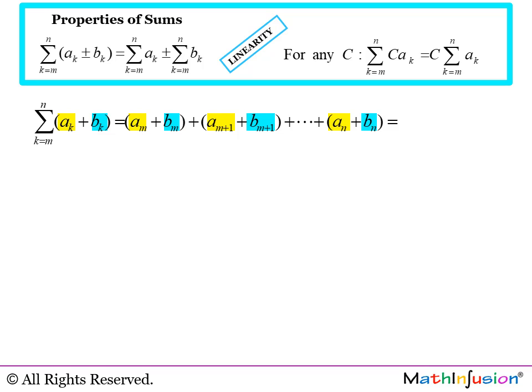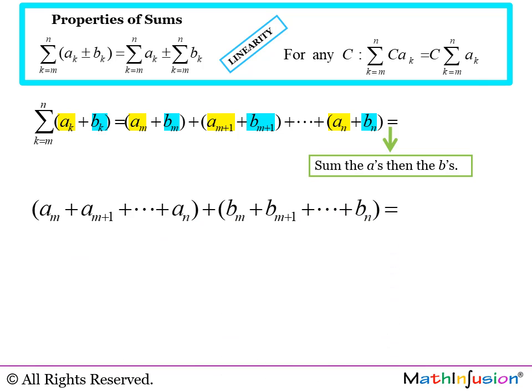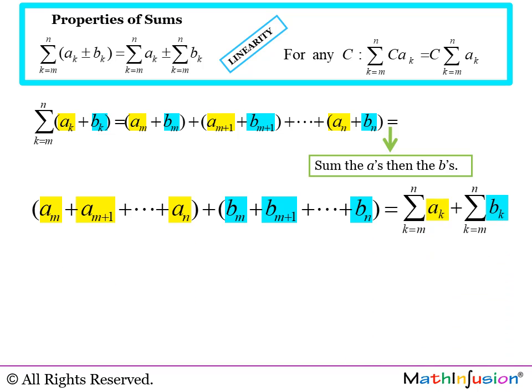It is okay first to add all the A's and then all the B's. Here are all the A's and here are all the B's. But then, this is exactly first the sum of the A's plus the sum of the B's. And I easily get the first property.